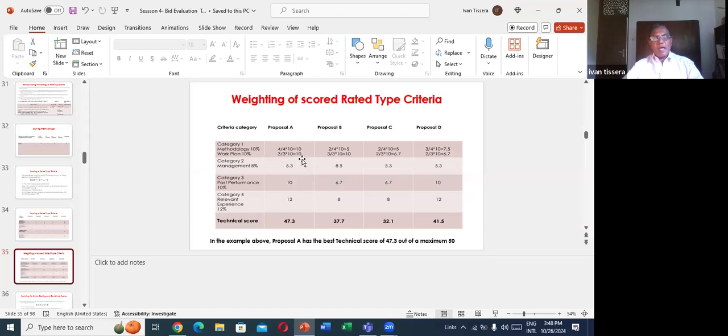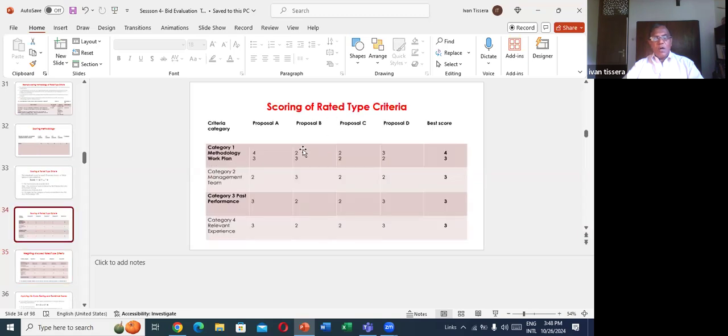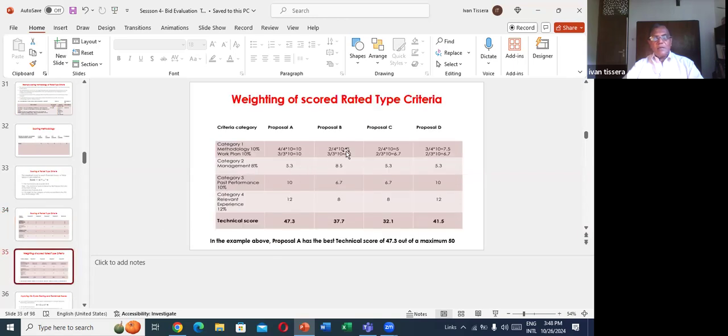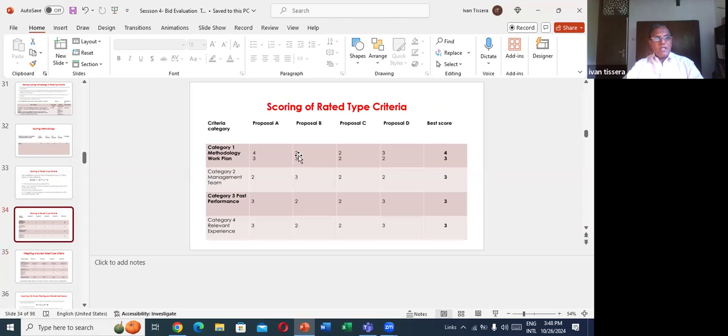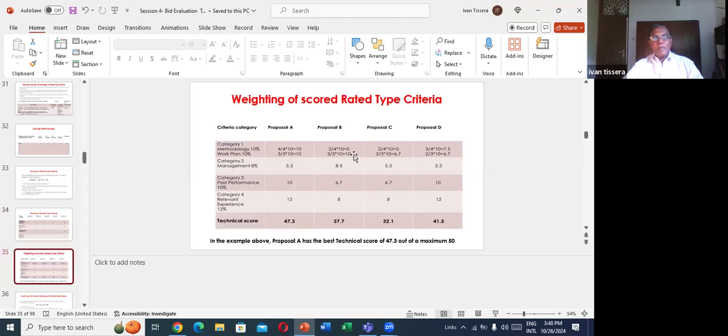It's easy to understand. Here, 2 out of 4, he will get only 5 marks. And 3 out of 3, again 10 marks. That's how we have given marks for category 1. Category 2 is the same, category 3 also that way.